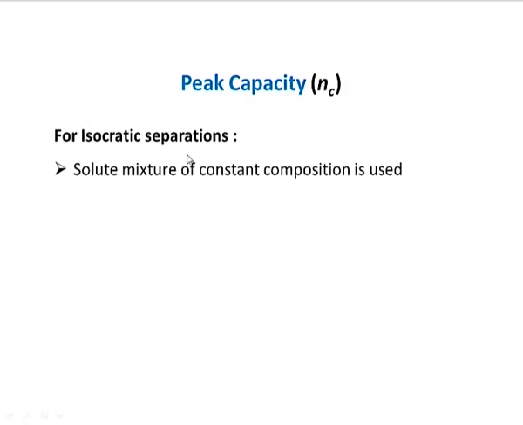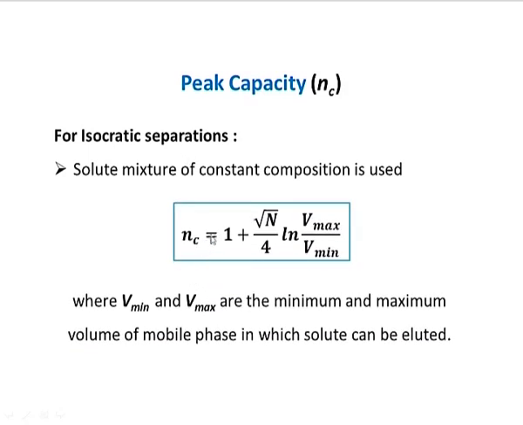So, for an isocratic separation, Nc equals 1 plus square root of n upon 4 times natural log of Vmax upon Vmin. This Vmax and Vmin are the minimum and maximum volume of mobile phase in which your solute can be eluted. Try to understand it. Let me explain it a little bit more and hope you would understand this concept.